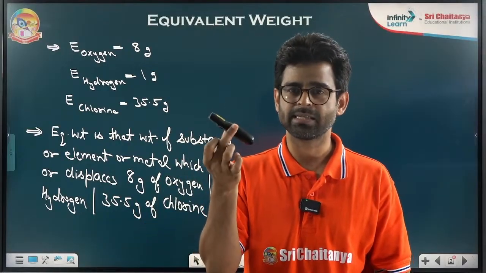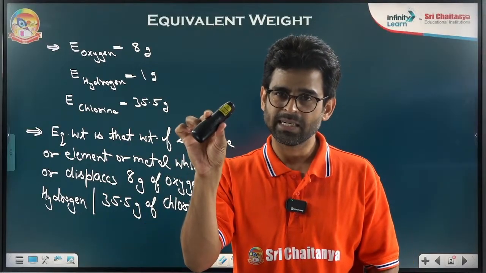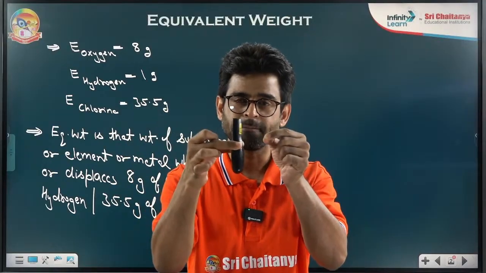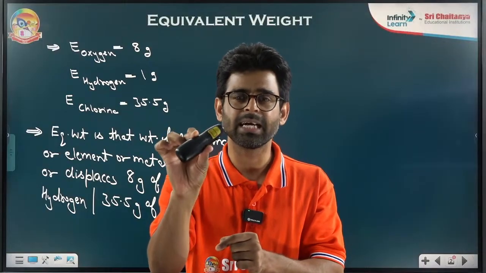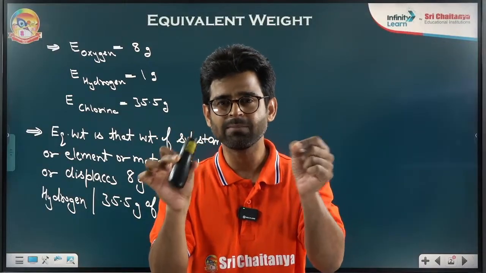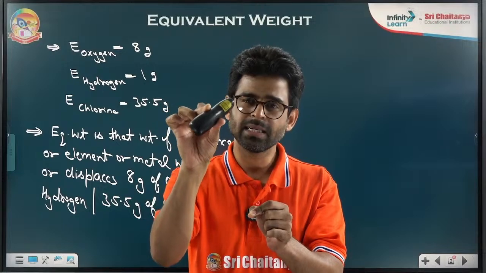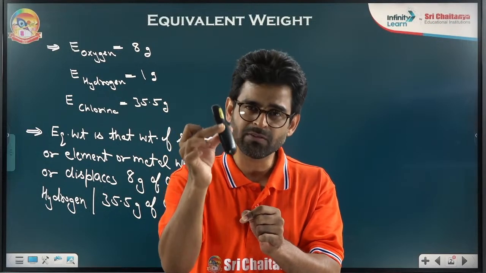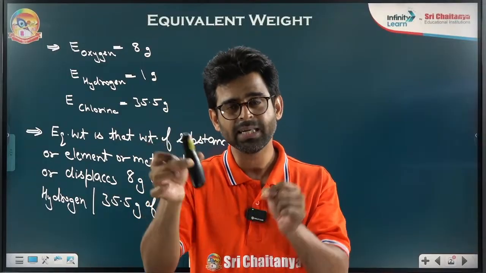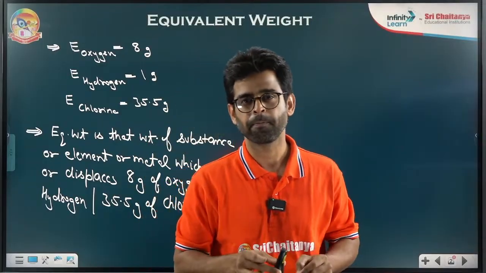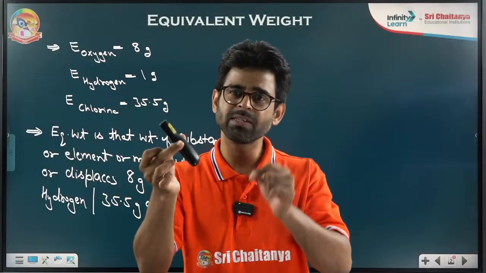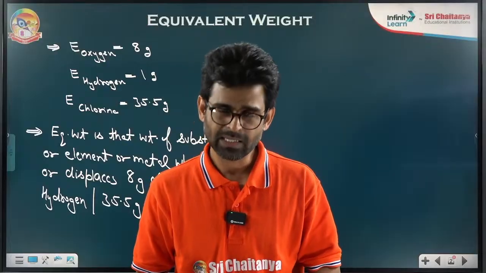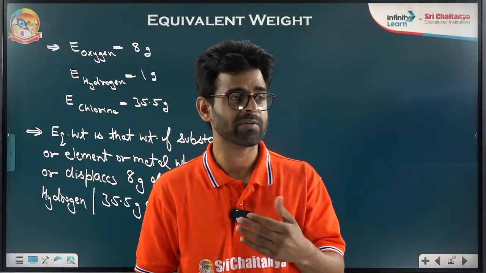This substance, 30 gram, is combining with 8 gram oxygen. So I will call this 30 gram the equivalent weight of this substance, because it is combining with 8 gram of oxygen. Or I can say 30 gram will combine with 1 gram hydrogen or 35.5 gram chlorine, right? So these three we take as reference for our definitions.